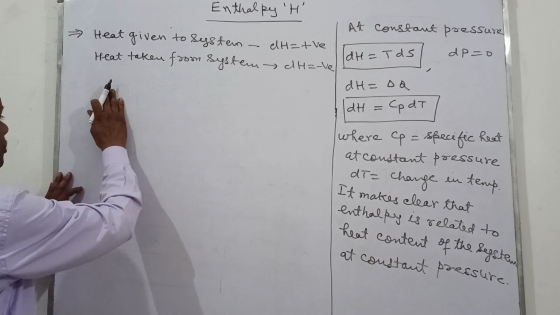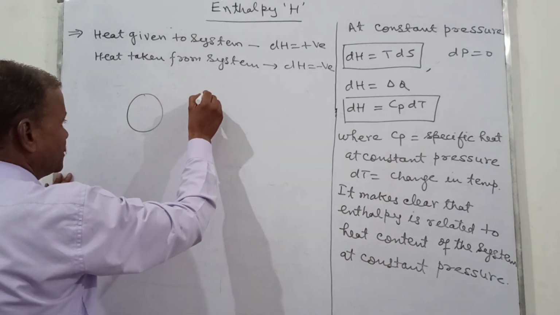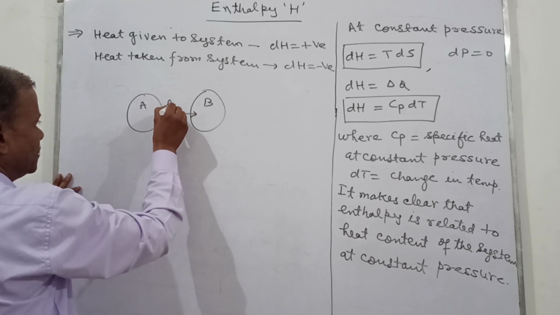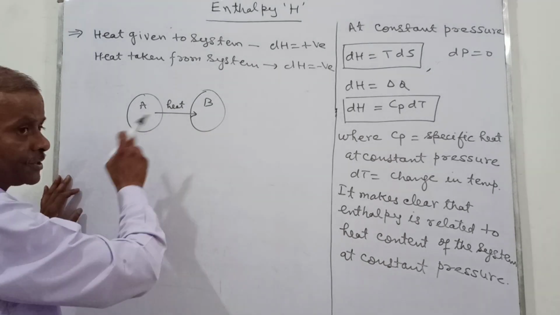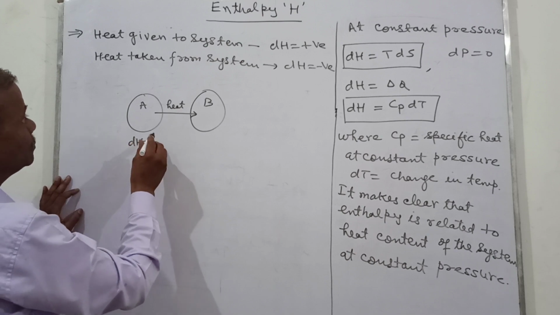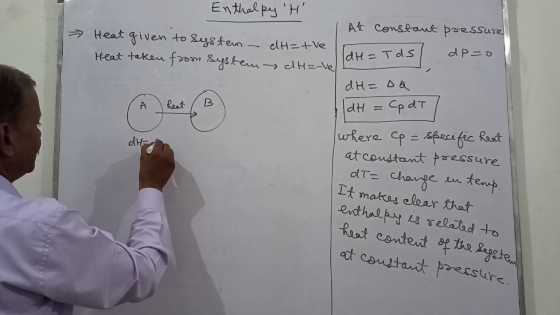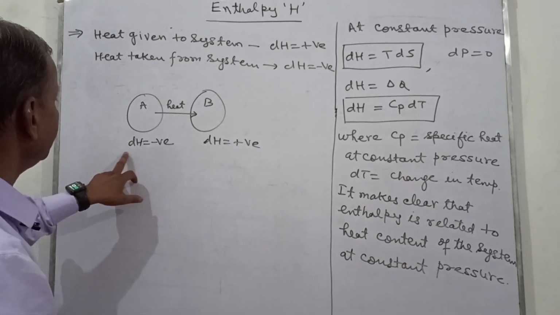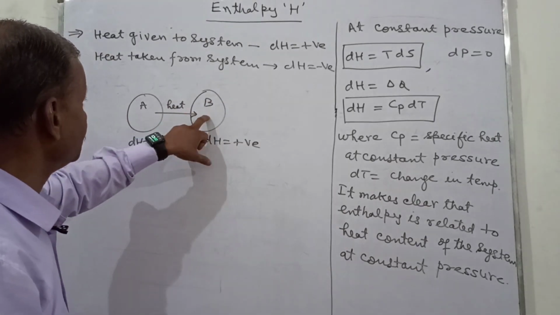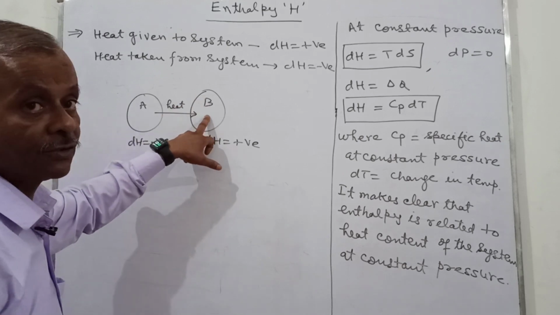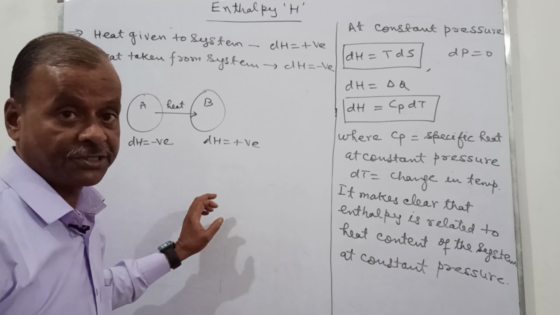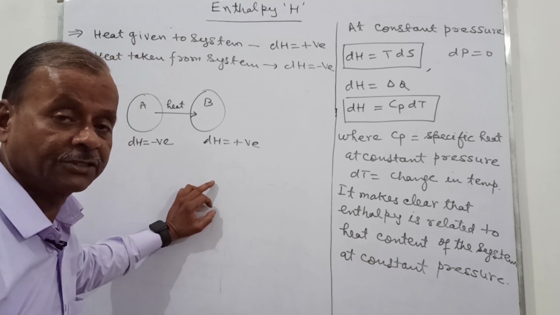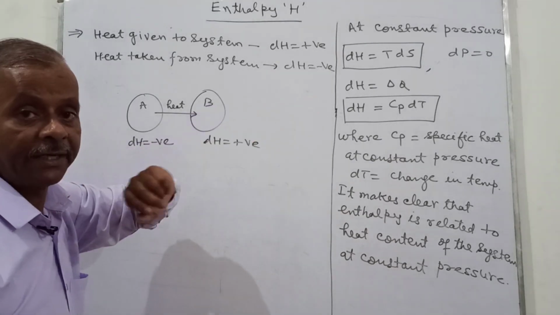So suppose these are the two systems, system A and system B, and the heat is flowing from system A to system B. So for system A, dH is negative, and for system B, dH is positive, because heat is being taken from system A, and the heat is given to system B. The system which takes the heat from some other source, its heat content increases, so the dH also increases. So this is the meaning of positive and negative enthalpy.